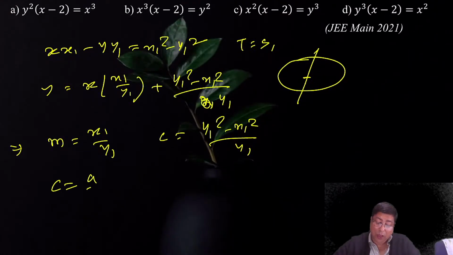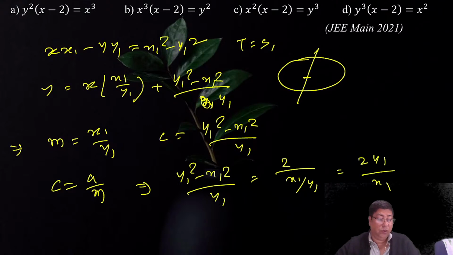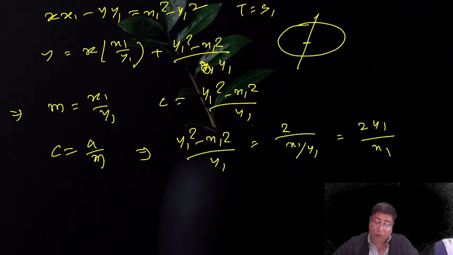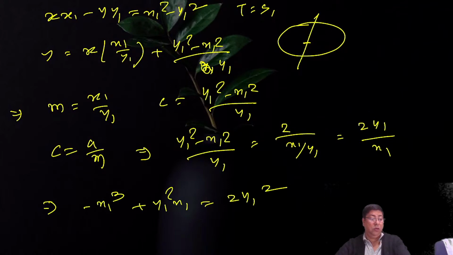Okay, so on comparison to the y equal to mx plus c form, we can say c equal to a by m for the parabola. For this parabola, we can write y1 square minus x1 square by y1 equal to 2 by x1 by y1, equal to 2y1 by x1. It is nothing but a simple calculation. Now cross multiply and put x1, y1 equal to x, y. So we are getting minus x1 cube plus y1 square x1 equal to 2y1 square.